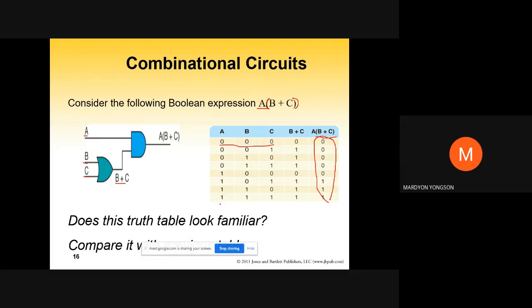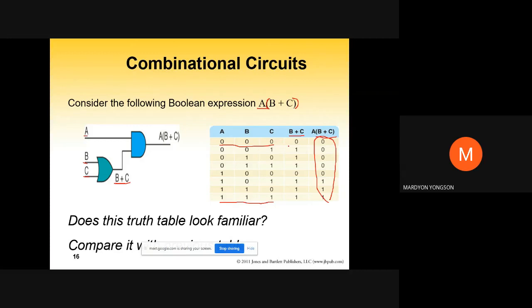Then ang highest niya is 1, 1, 1. And then dito, kinompute niya lang yung B plus C. Kung kukumputin nyo yan, 0 plus 0 is 0, 0 plus 1 is 1, and so forth. And then kapag na-compute na yung B plus C, meron pa tayo yung pinaka-output na, kung saan si B plus C, ita-times na natin sa isa pang input which is A. Kaya A times (B plus C).